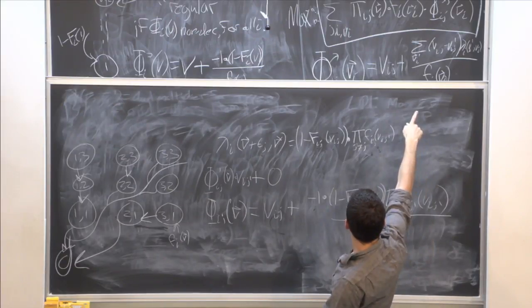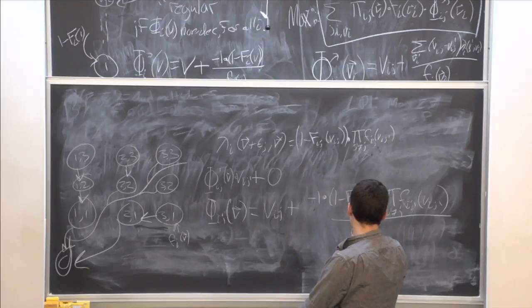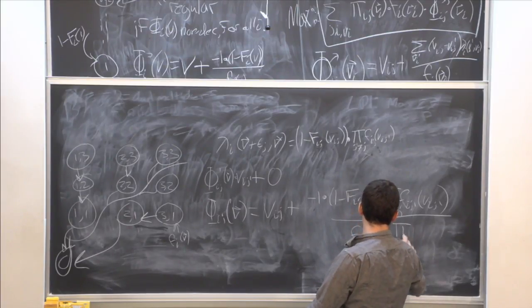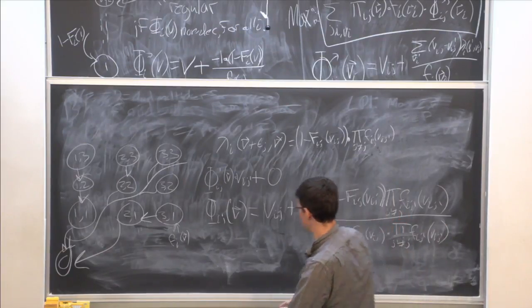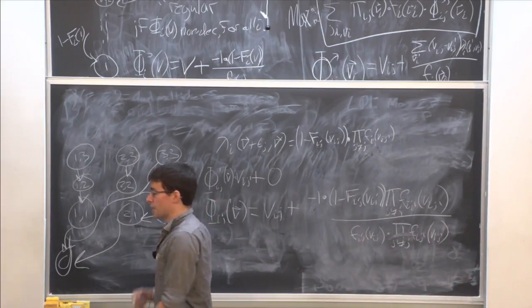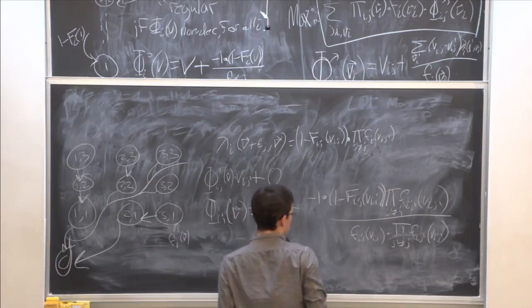And the division is your full density. So it's the whole product. So it's F_ij of v_ij times this. Okay? And now we can just observe, okay, the products cancel.